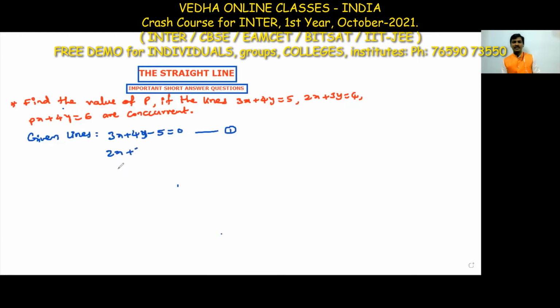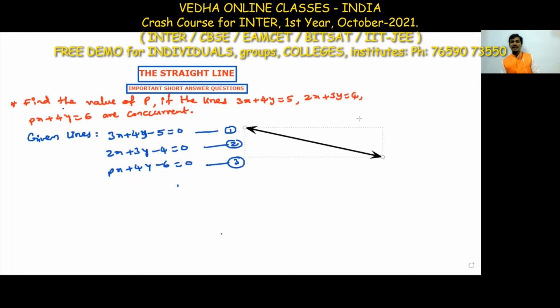And the third line is px plus 4y equals 6, or px plus 4y minus 6 equals 0, equation number 3. So all the three lines are intersecting at the same place. Then only they are called concurrent lines.